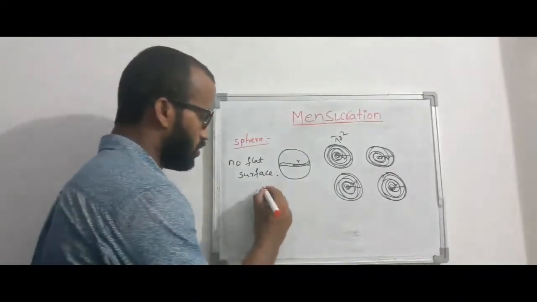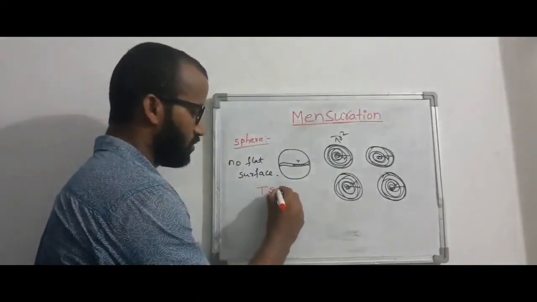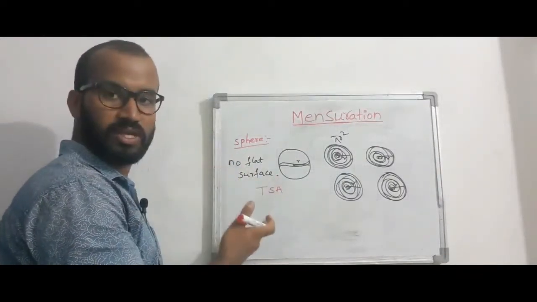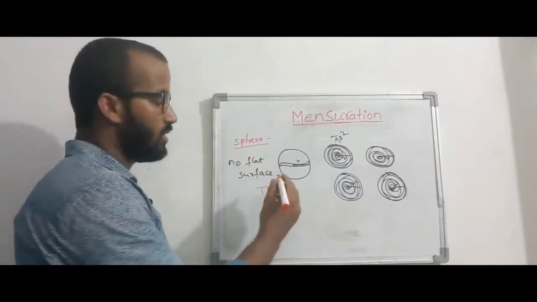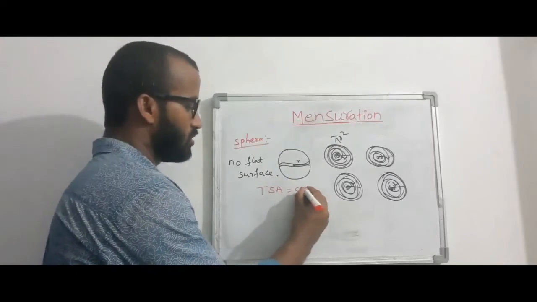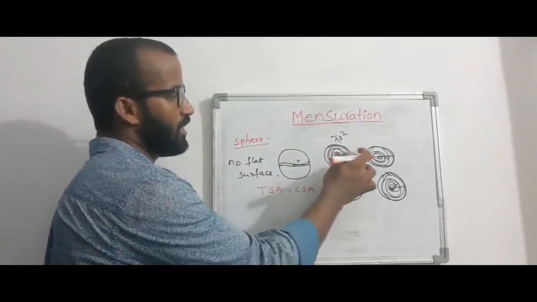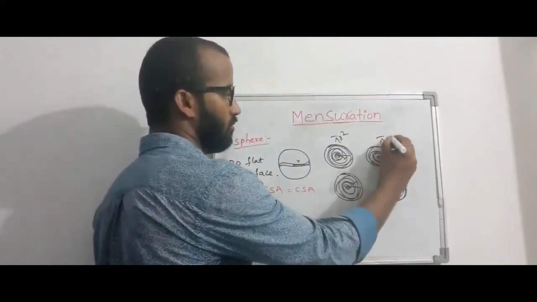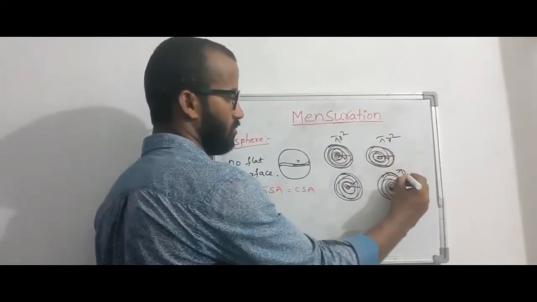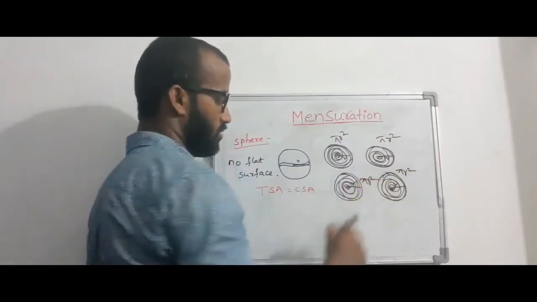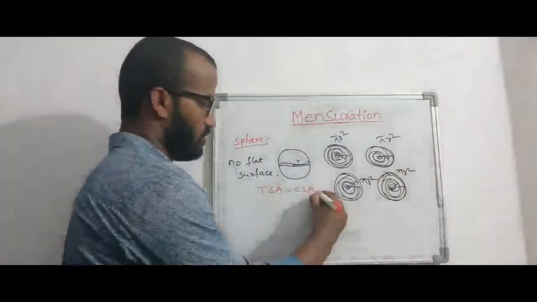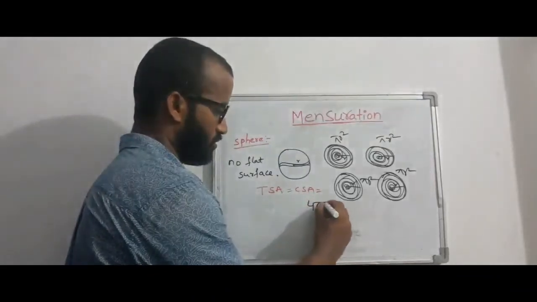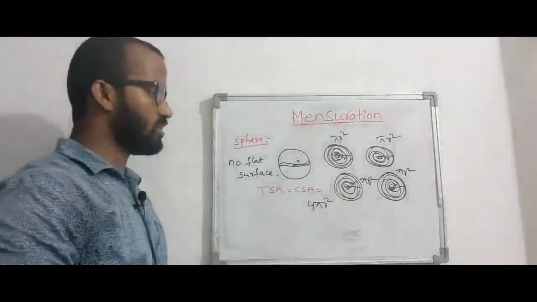So in sphere, total surface area and curved surface area will be equal. Curved surface area is equal to 4 pi r square. This is the total surface area.